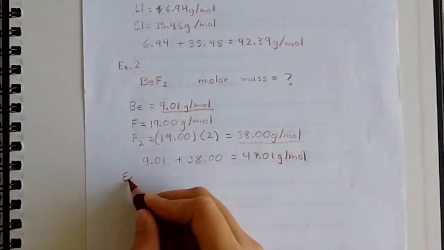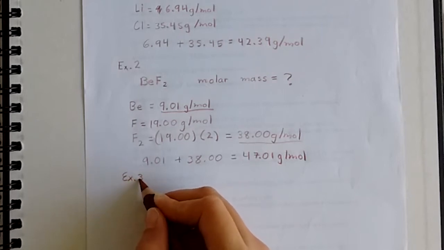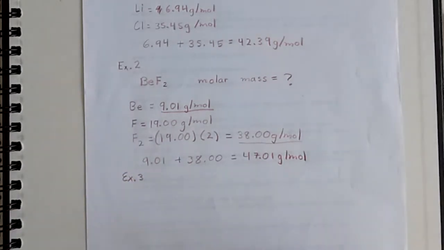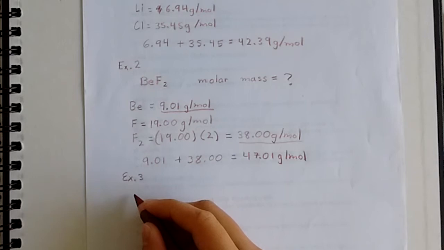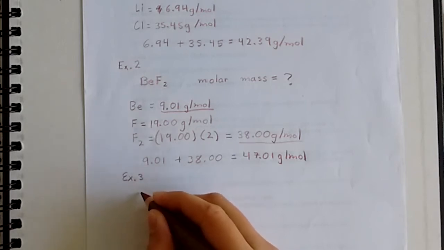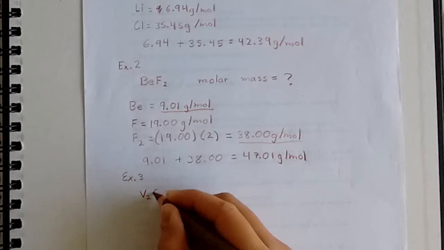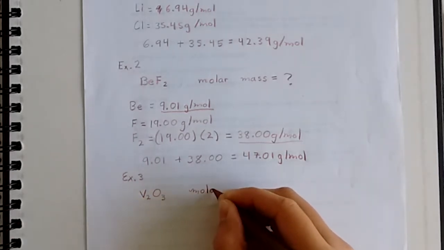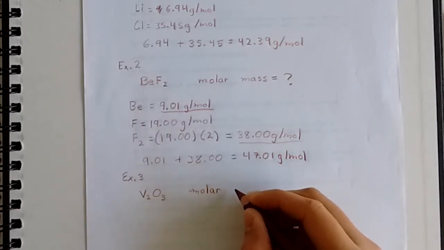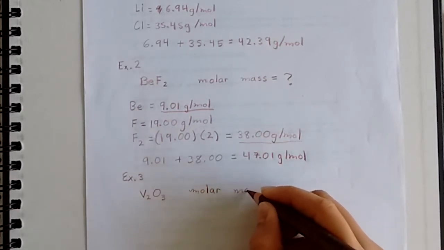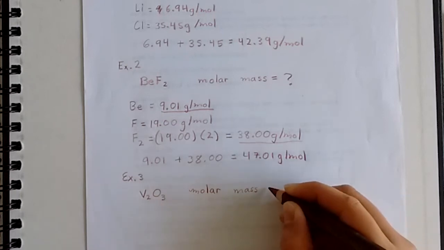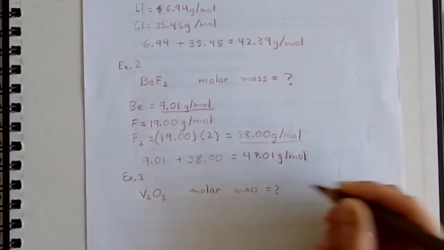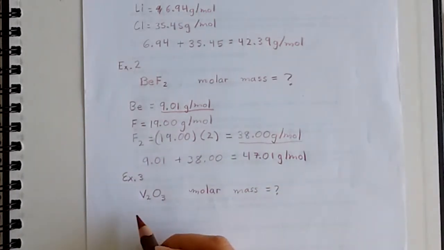Now for our third example, we can ask ourselves, what is the molar mass for this compound? First we see what elements we have.